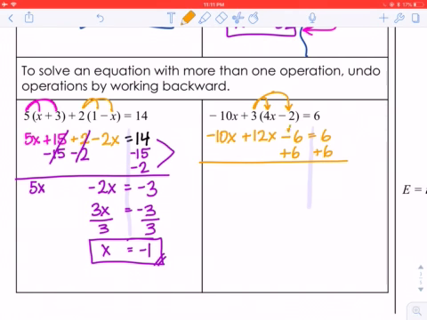I see subtraction, so I need to use addition. So I have negative 10x plus 12x equals 12. I'll go ahead and combine like terms. Negative 10 plus 12 is 2x equals 12. Divide by 2 on both sides. x equals 6.